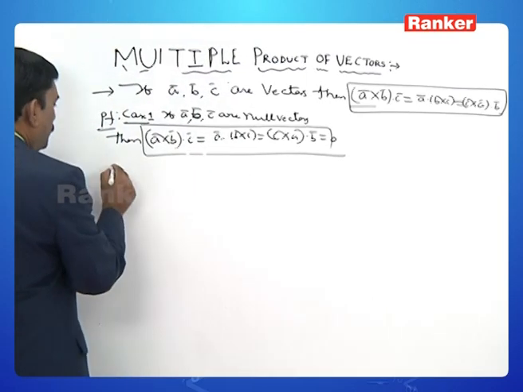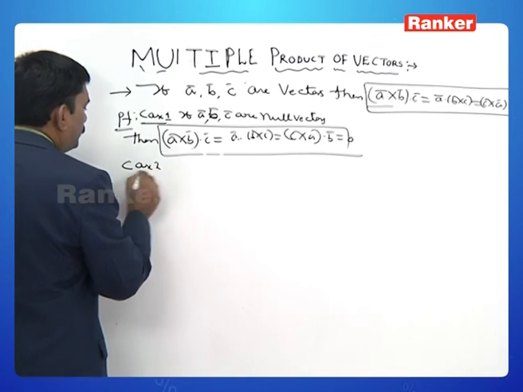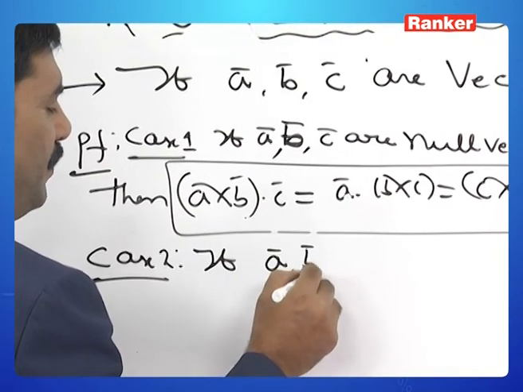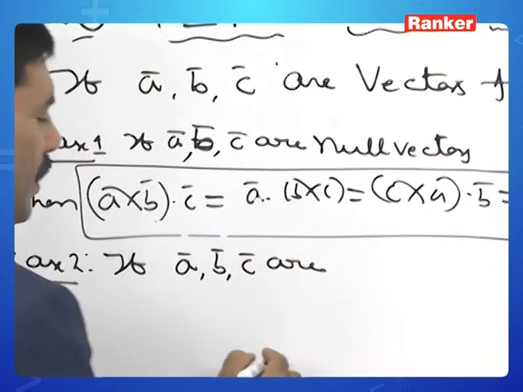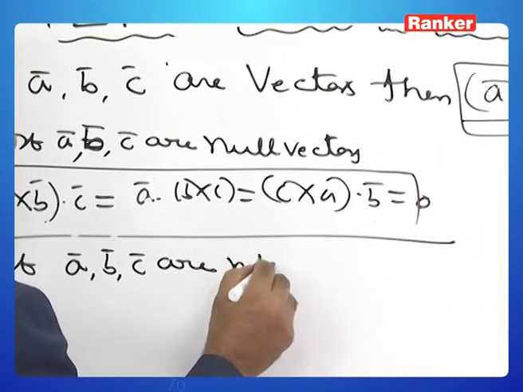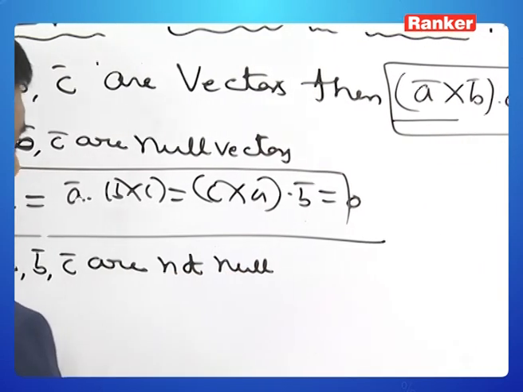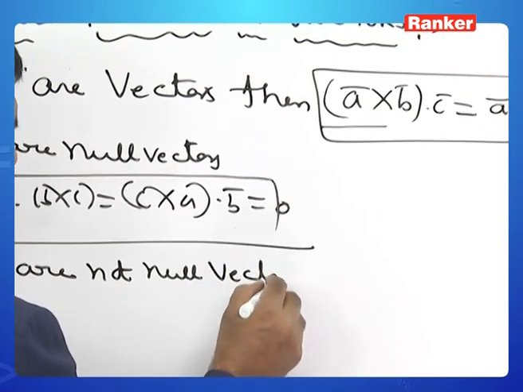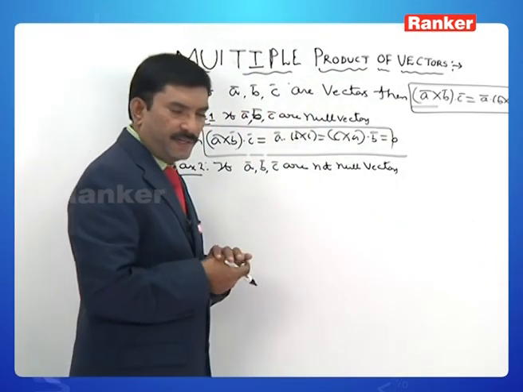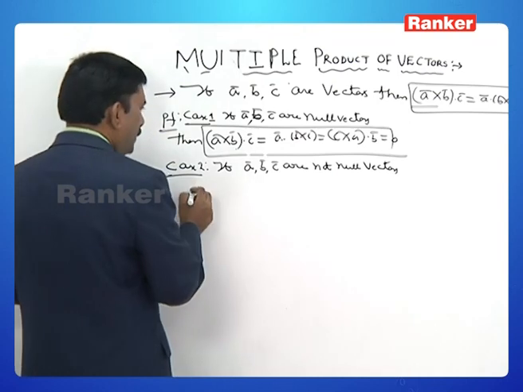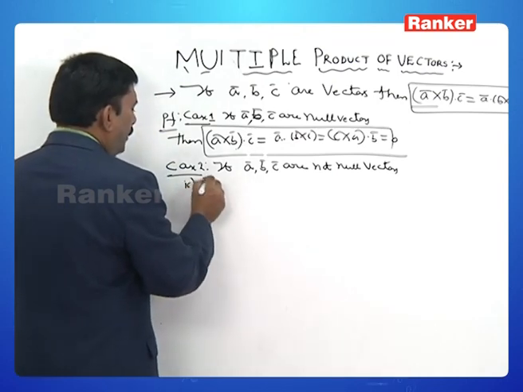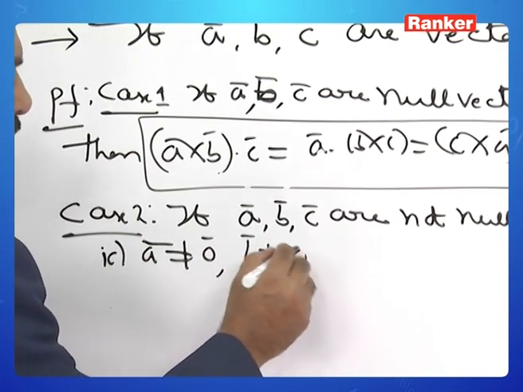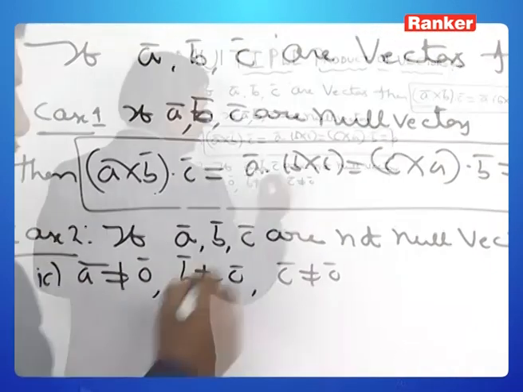If they are not null vectors, now case 2. What is case 2? If A bar, B bar, C bar are not null vectors, that is A bar is not equal to 0, B bar is not equal to 0, C bar is not equal to 0.